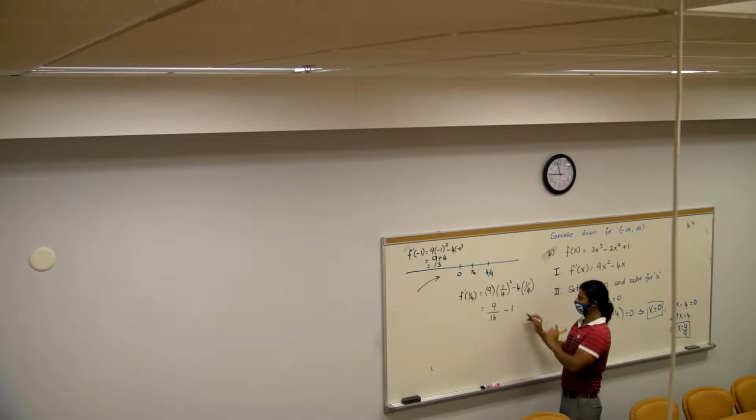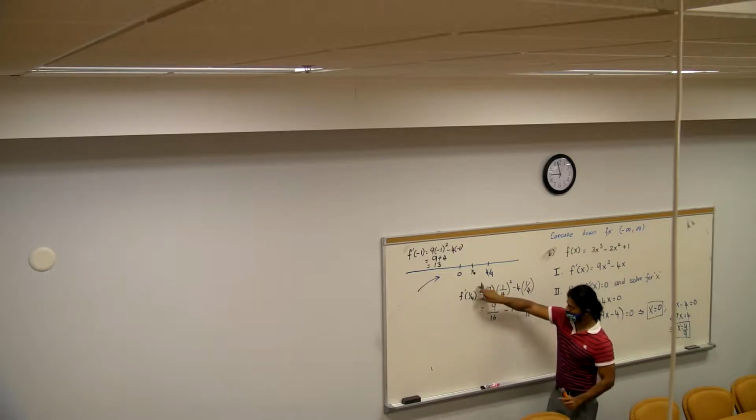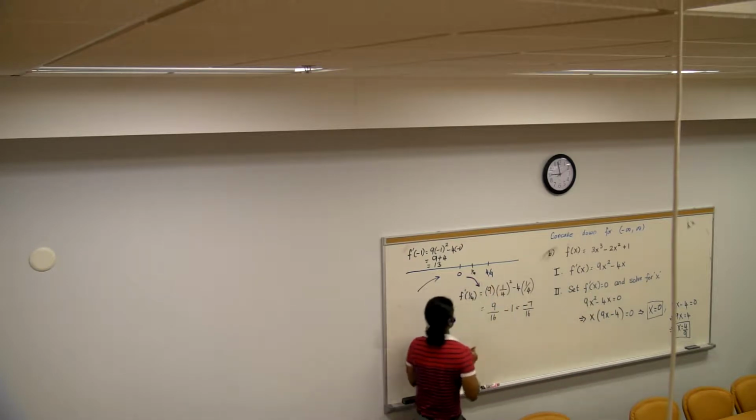If you took the common factor and simplified, you'll get -7 over 16. Is -7 over 16 a positive number or negative number? Negative. So should the function be decreasing or increasing? Decreasing.